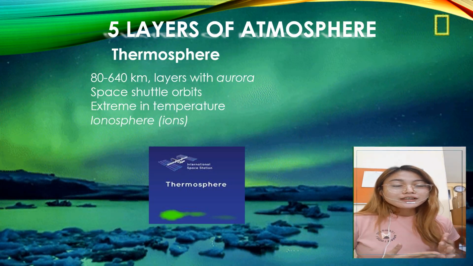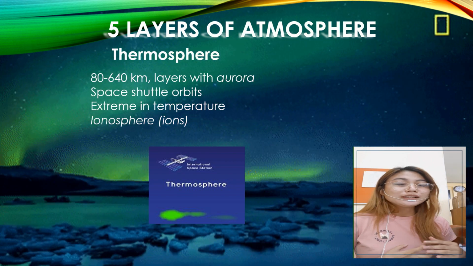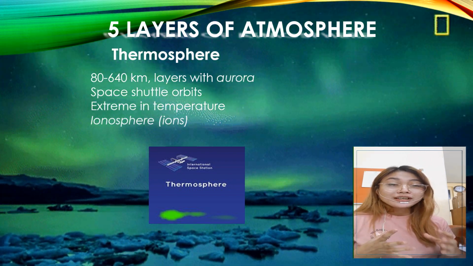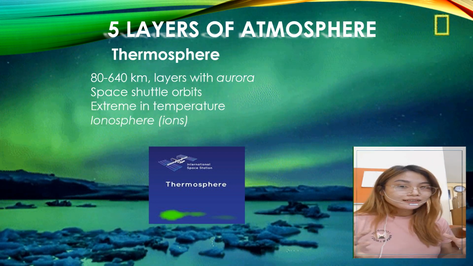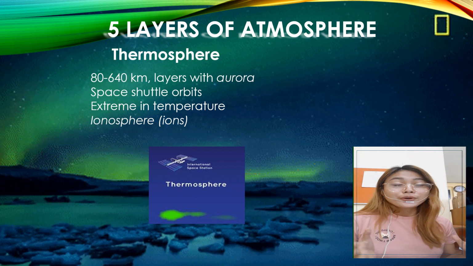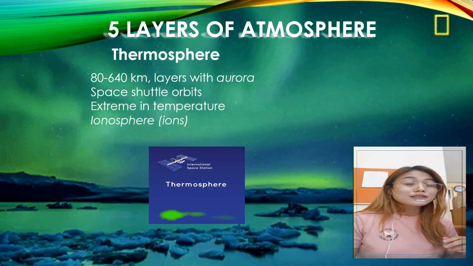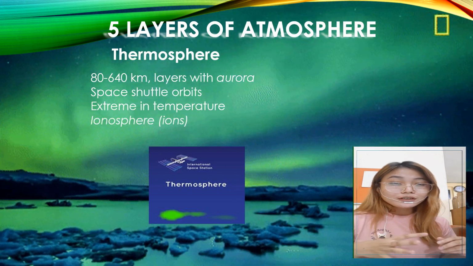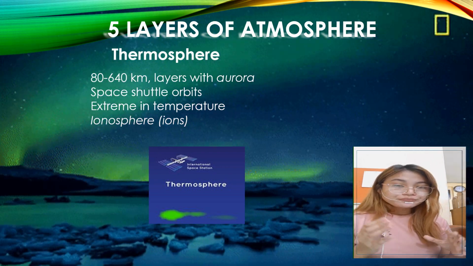Next to the mesosphere is what we call the layer of thermosphere. Usually, the temperature here is extreme. Thermo means heat, and usually we can find here the aurora borealis, or the dancing lights, that is caused by the strike of light from the sun together with the ions.